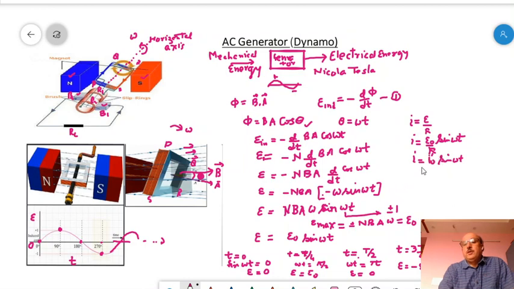So the current is also sinusoidal, that is, it is alternating with time. So the generator is producing an alternating current to the circuit.